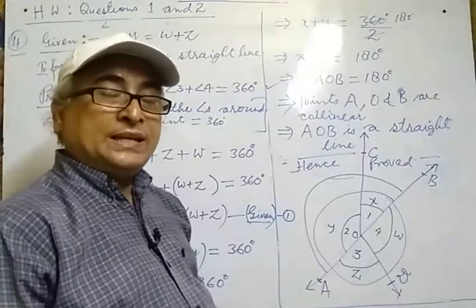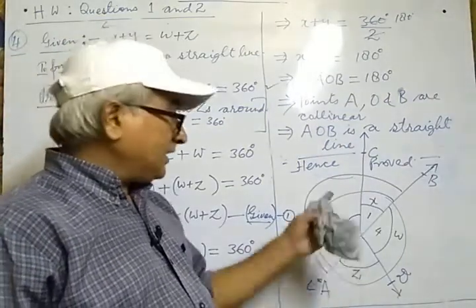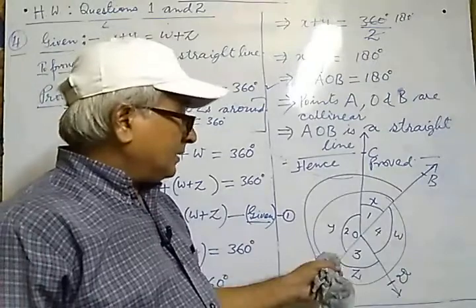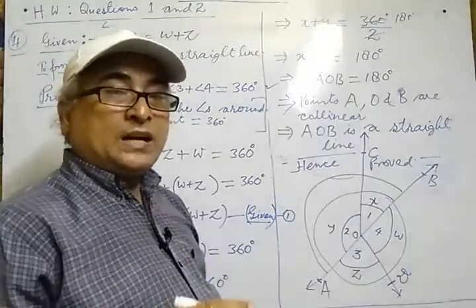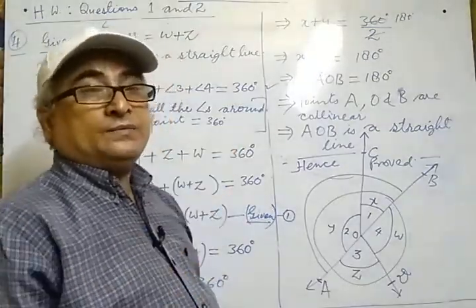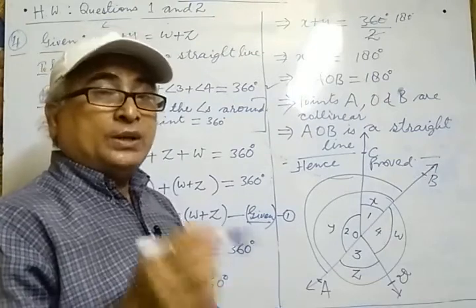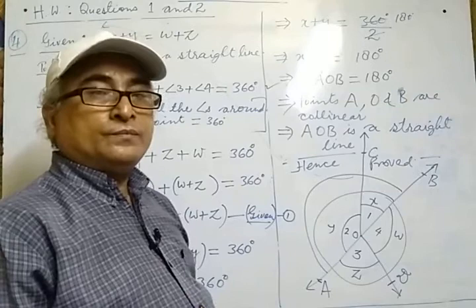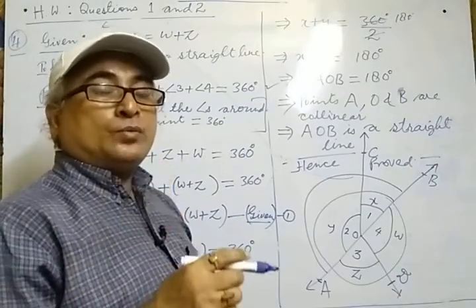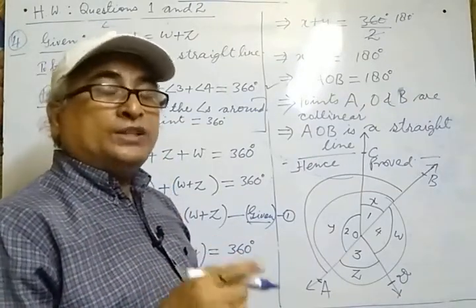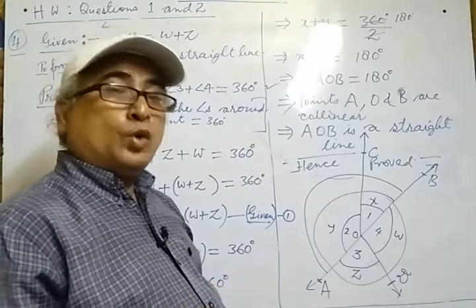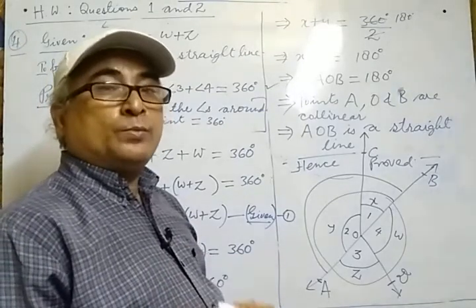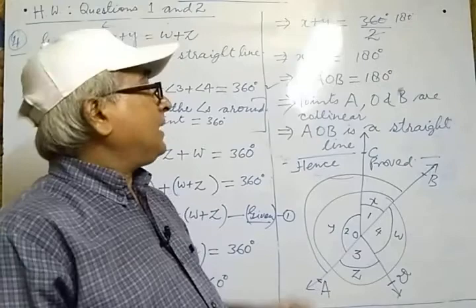To show a straight line, we have to show that at any point on that segment, if we put a dot and all these are lying in a straight line, are collinear, or they are forming an angle of 180 degree, so those points would be called what? Collinear points.